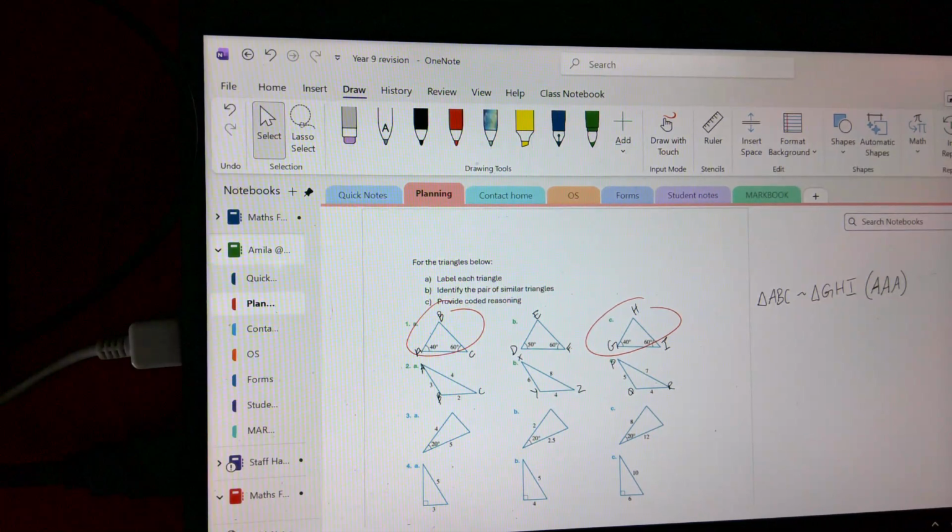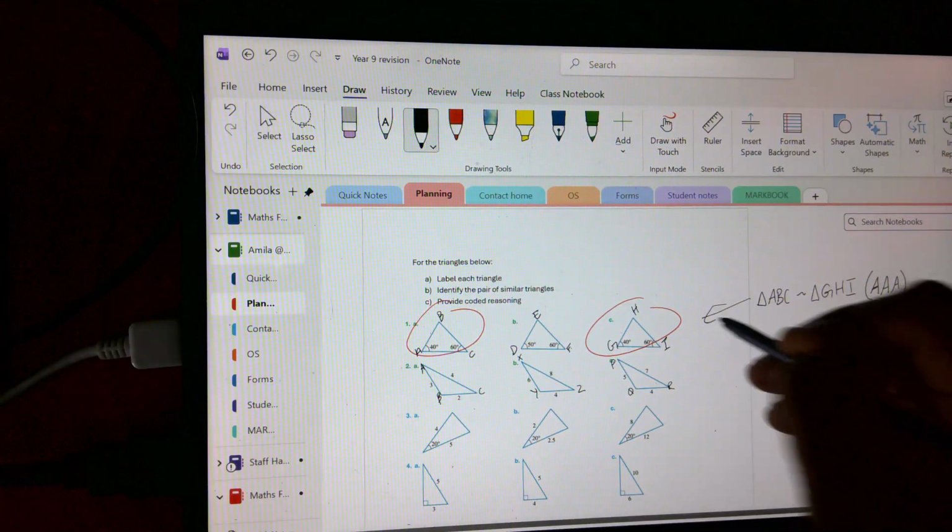I don't have any angles, so I know that they're going to be similar from side, but I need to work out which one.